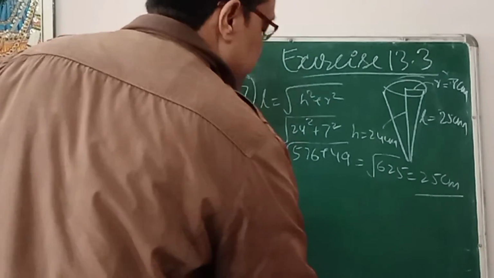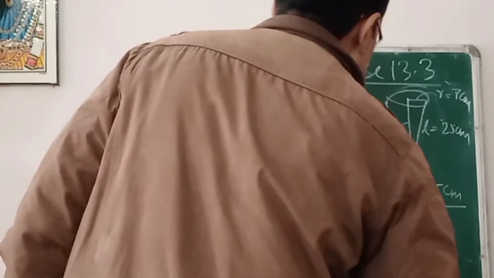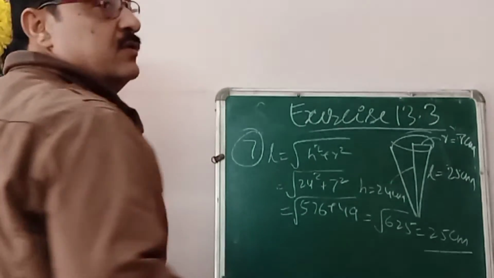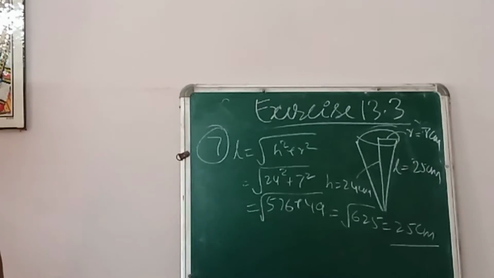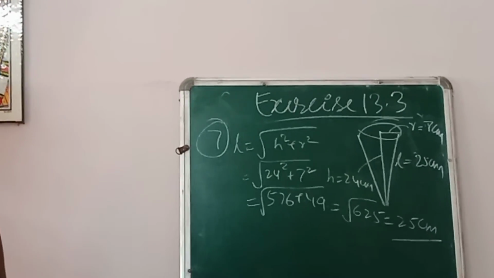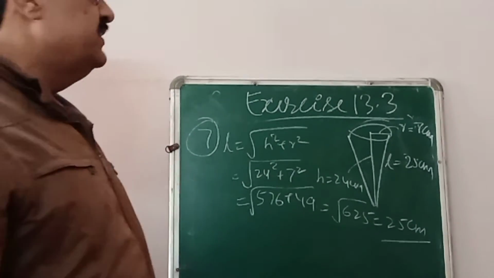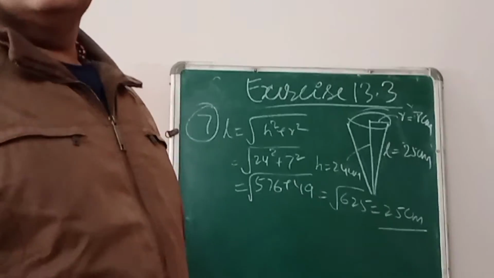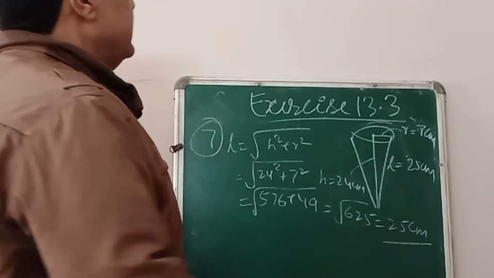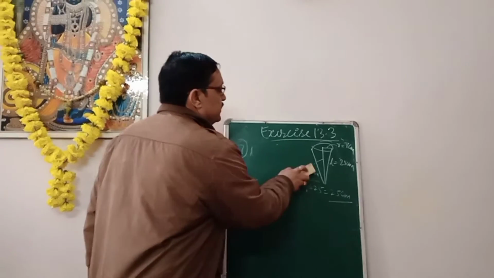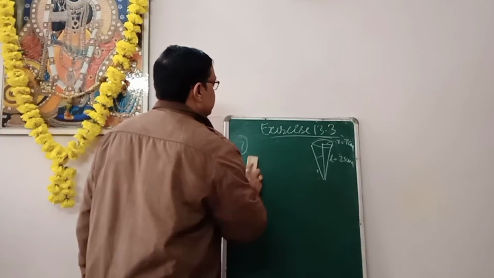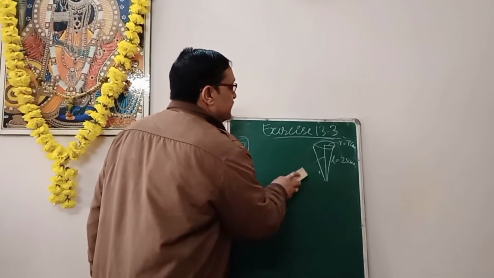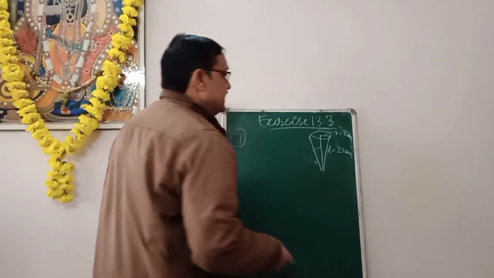So L we know. First we found out the missing part. L was not there. So first we calculated L, and now coming to the other things of the question. We need to make this cap.